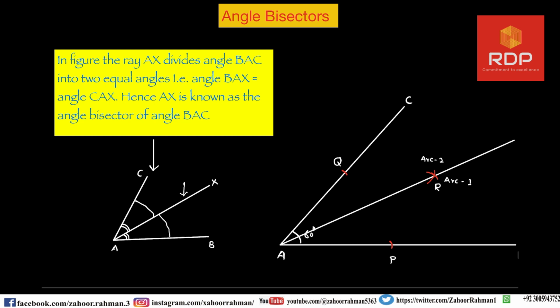Now if you want to draw it practically, we will do that in a moment, but first let us clear our concept. So here there is an angle, that is BAC. You have to put the tip of that compass at this particular point and open it according to your choice.